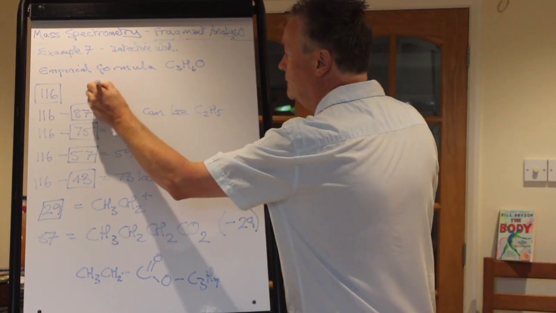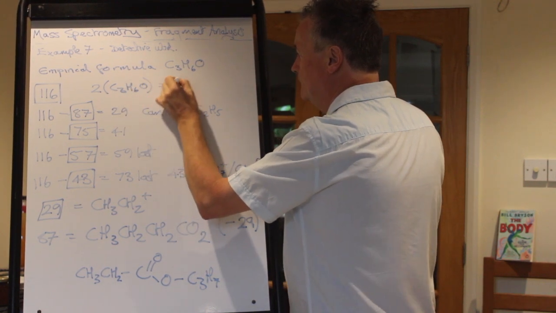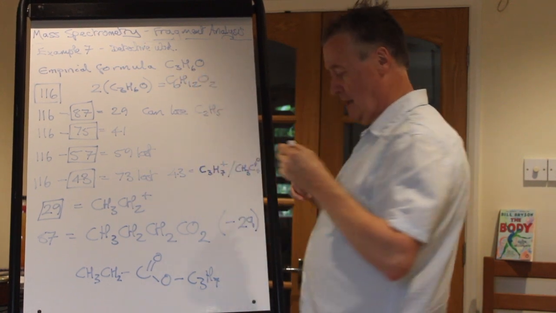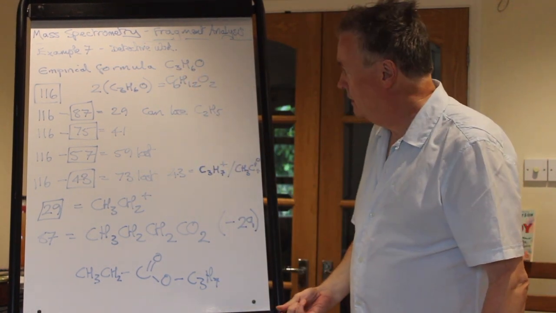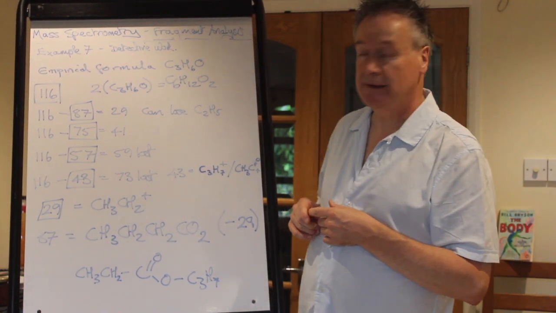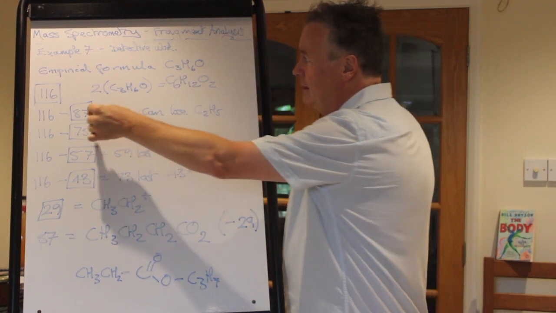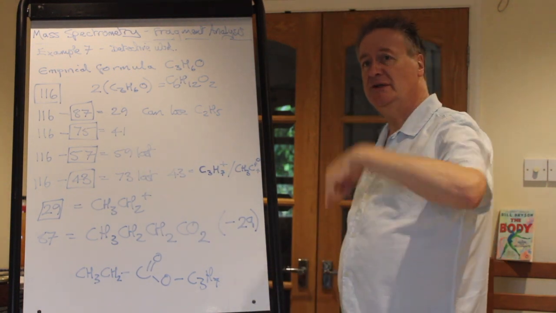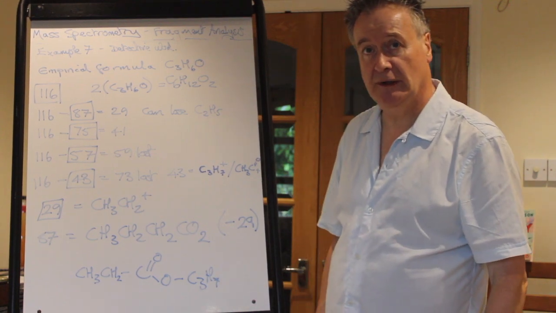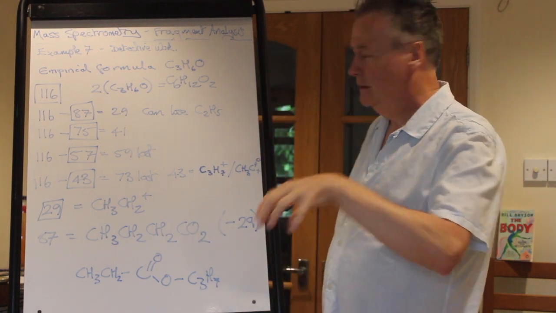It doesn't tell you massively what's going on at that point, but that's 116. Then you've got a peak at 87. 87 is 29 down from 116. You can lose C2H5, importantly. So that tells you that you get 2 carbons in a line minimum in the chain.